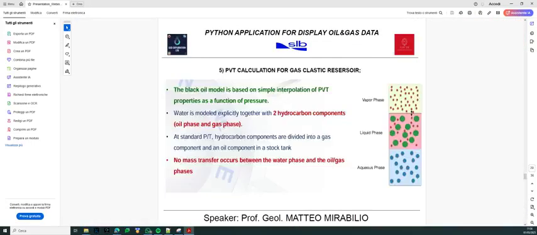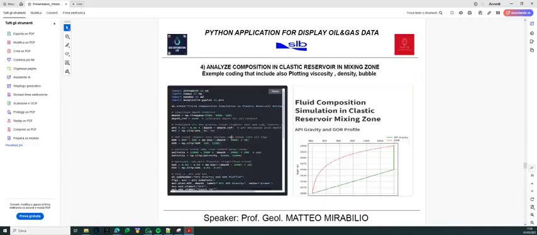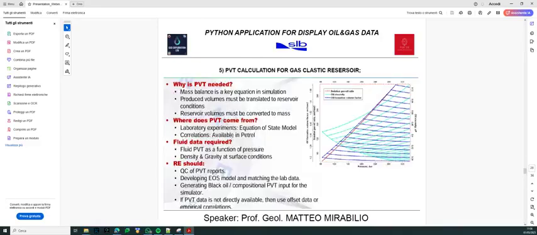Okay, go to point 5, PVT calculation for plastic reservoir. What does PVT mean and why we need PVT. PVT is a mass balance and is a key equation in simulation to simulate also the solution gas.